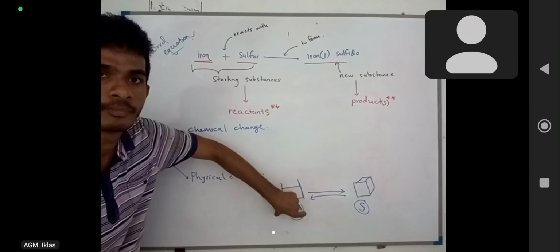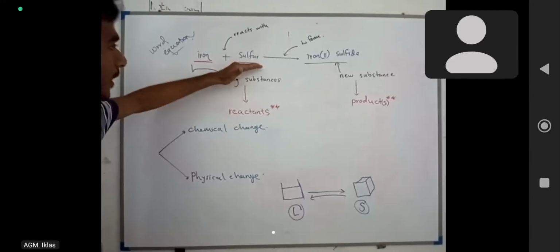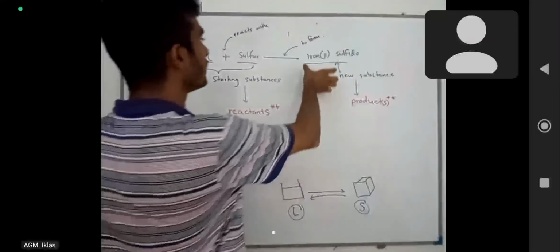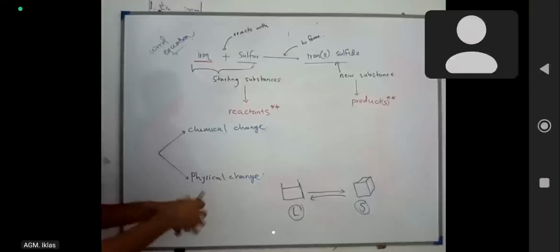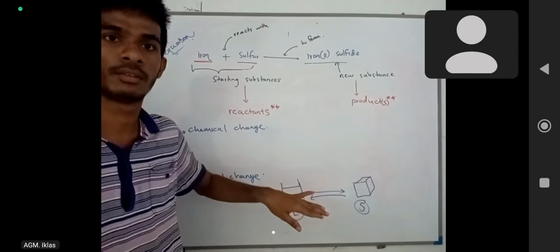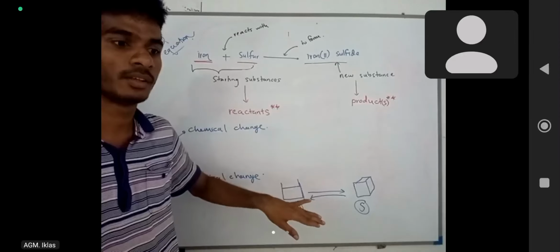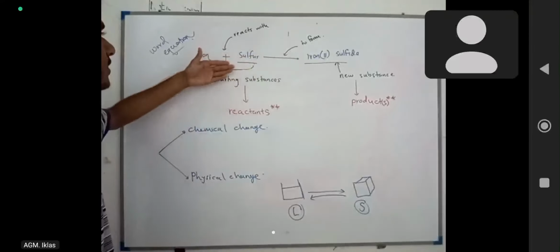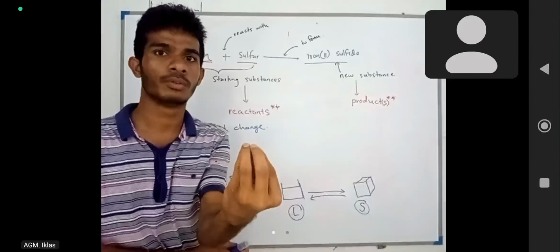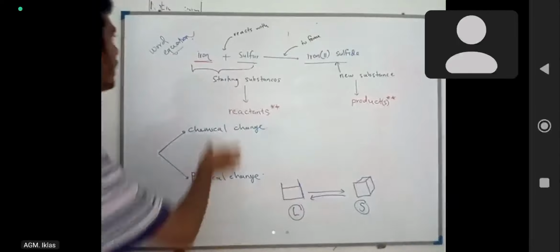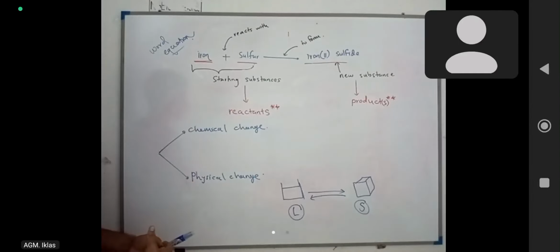But in chemical change, after obtaining iron sulfide, I cannot bring iron and sulfur back separately. Because I have obtained some black residue, it will be very difficult to bring iron and sulfur again.